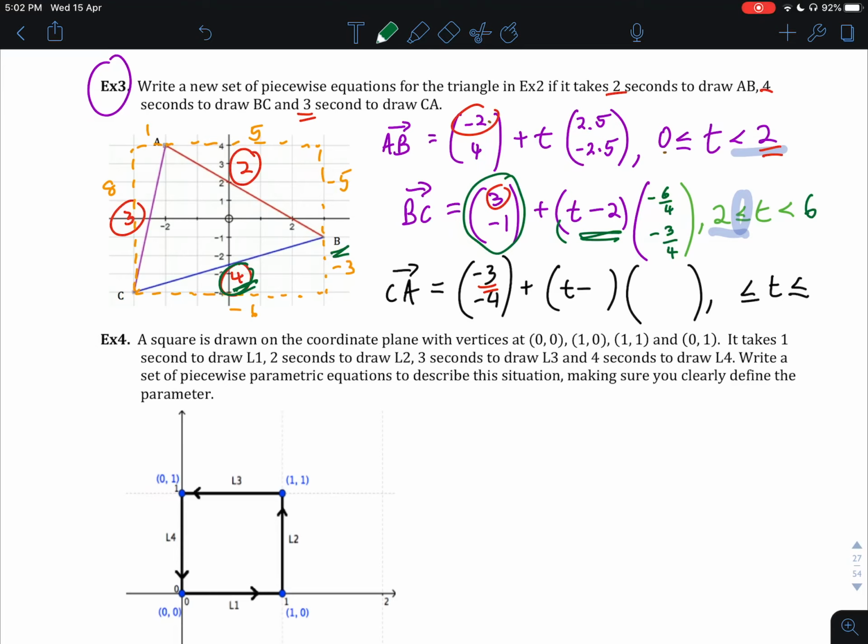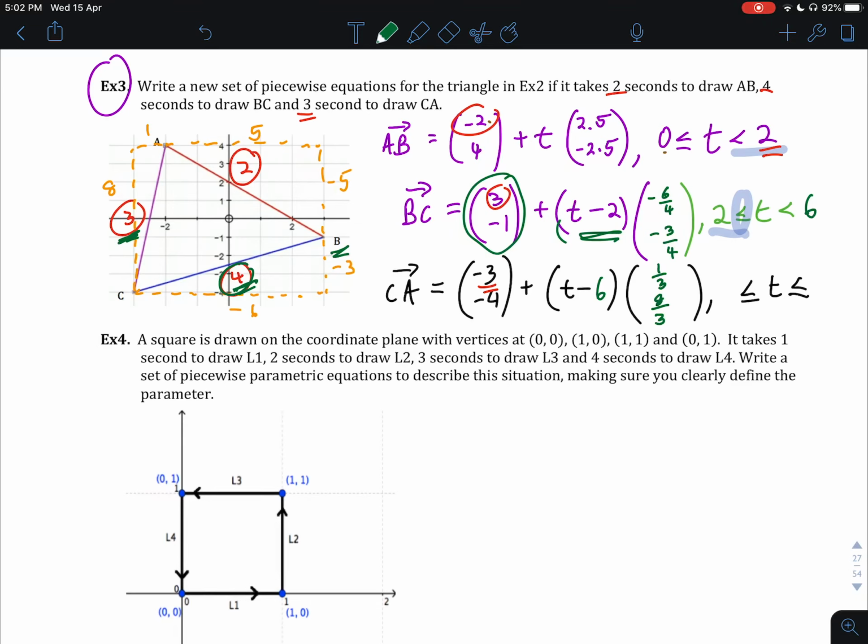Okay, and so a very similar approach is going to be needed for the drawing of CA. We start the drawing of CA now only after 6 seconds, entering into the 7th second. And so I have to, of course, change that to t - 6. Similarly, 8 units up and 1 unit to the right is taking 3 seconds. And so I must be doing 1/3 of a block to the right per second and 8/3 of a block up per second.